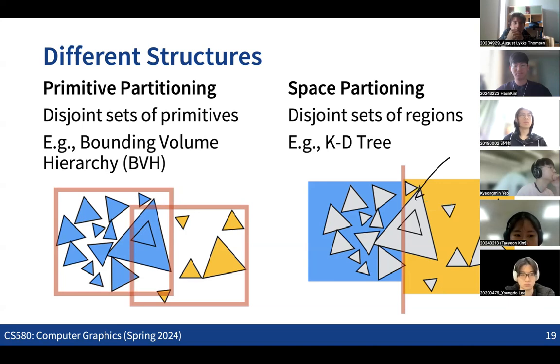So this is not the case where we partition the sets of the primitives, but we partition the space. One of the famous examples for this might be the KD tree or the octree, and many other things, right? And in terms of utilizing these structures in the ray tracing framework, what would be the pros and the cons? Can you guess?